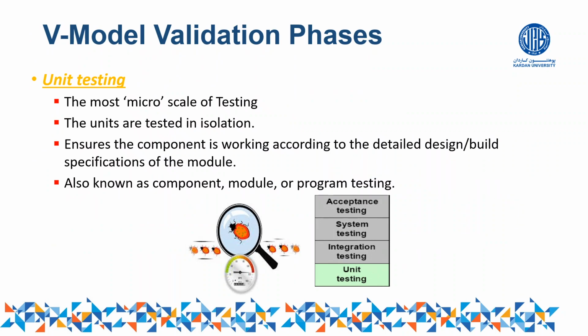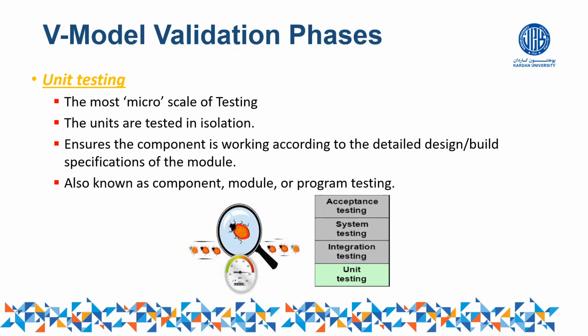Now once the coding phase is completed, we would start the unit test. Remember that a unit can be as small as a class itself. If we are developing a software system using the object oriented paradigm, then we have to produce classes.